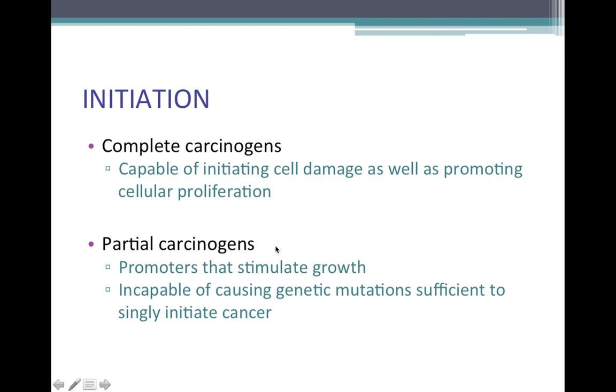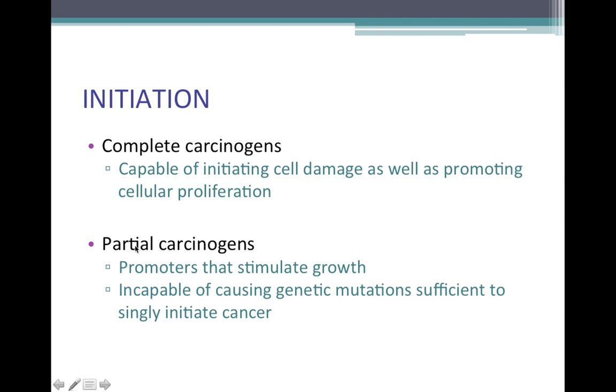Now, initiation of cancer can come about from carcinogens, and these carcinogens are chemicals or just injurious agents that can injure DNA and promote the proliferation of cancer. And there's things called partial carcinogens that can just promote growth. So they're not really going to cause cancer necessarily, but they may promote growth enough to where these growing cells can accumulate mutations on their own randomly, and that can become cancerous.